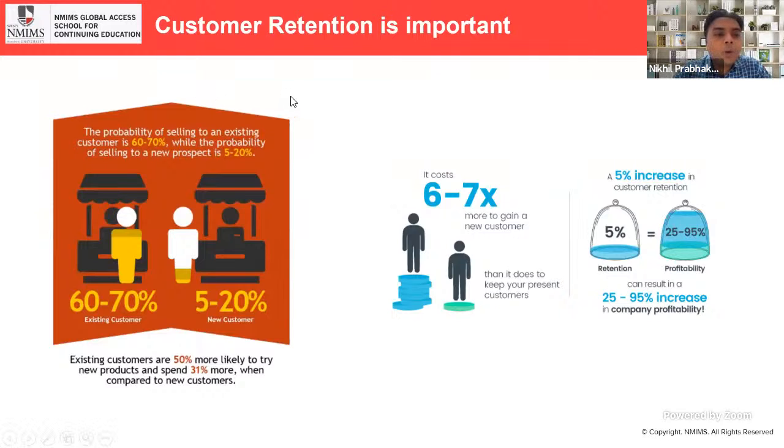Now, why people talk about customer churn and therefore customer retention is, if you have done sales, whether in the B2C market or B2B market, you would already know that all your existing customers are the ones which can actually give you new business.